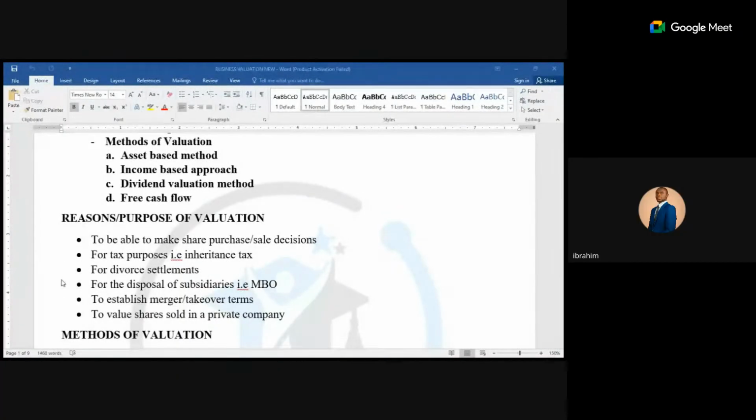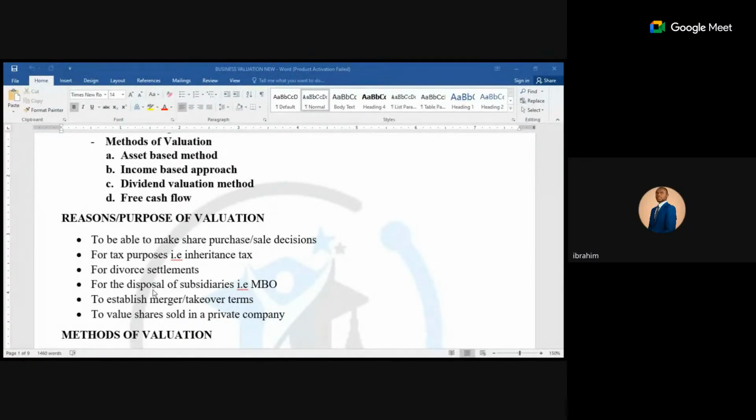And that is MBO. MBO means management buyout, whereby you sell the subsidiary to the internal management after the valuation.